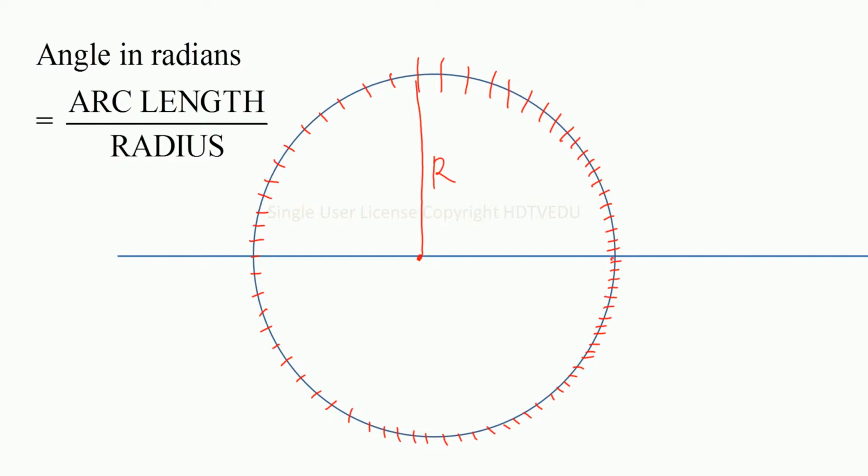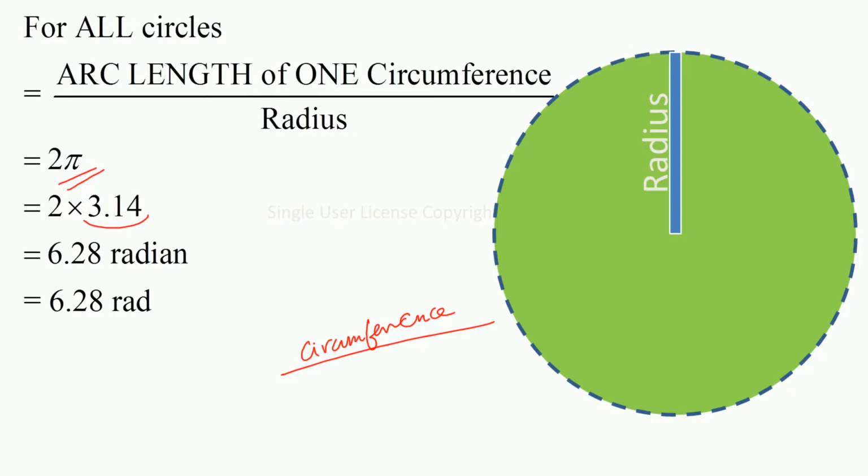That circumference divided by radius is equal to 6.28. So the ratio of a full circumference to radius is always 6.28, no matter what circle you choose. Circumference divided by radius is always going to be 6.28.